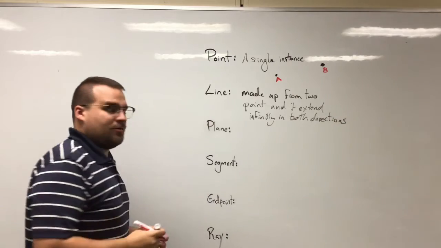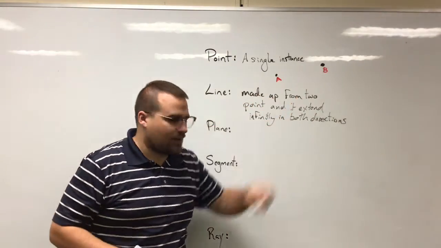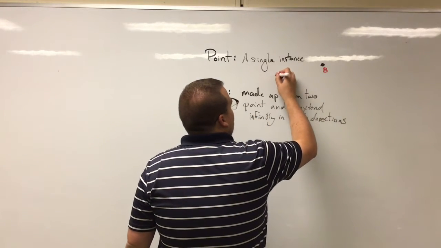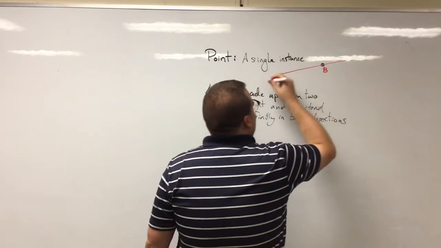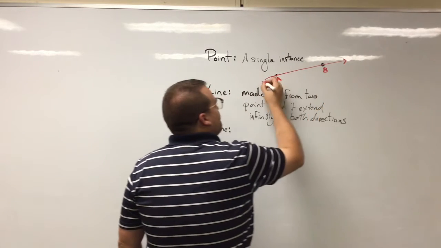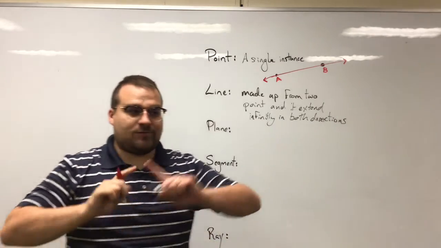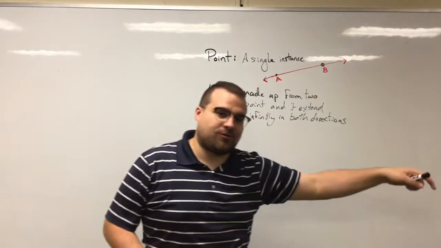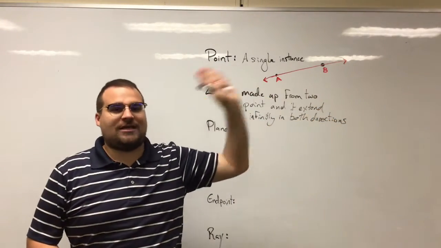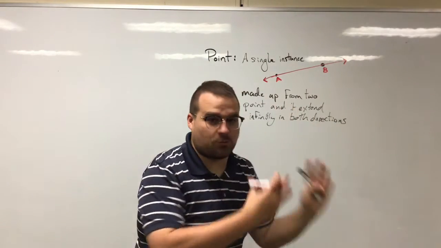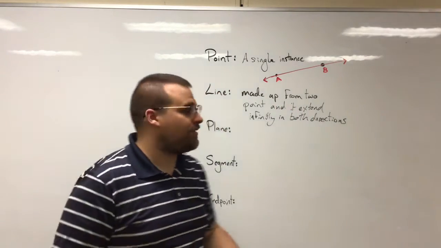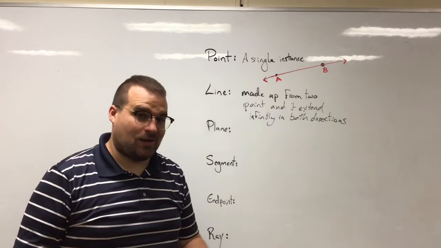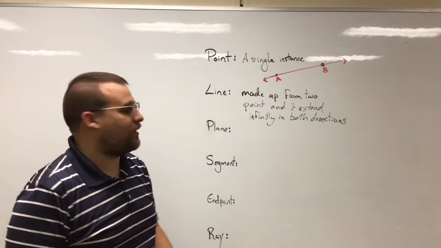So what it's saying is, if we have 2 points, such as A and B here, then if we connected those, we would connect them with a line like this. And it would have these little arrows at the end. And those arrows signify that it's going on forever, not just to the end of the whiteboard, not just to the end of the room. It's going to go all the way to the end of space and time as we know it, infinitely. Right? And it's going to do that same thing in this direction. But we get that line by connecting those 2 points.